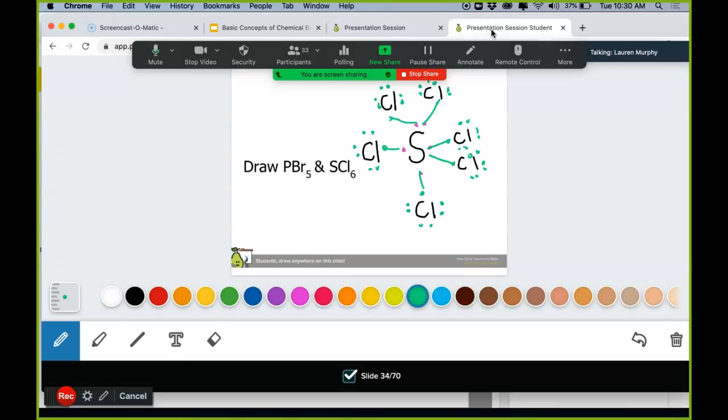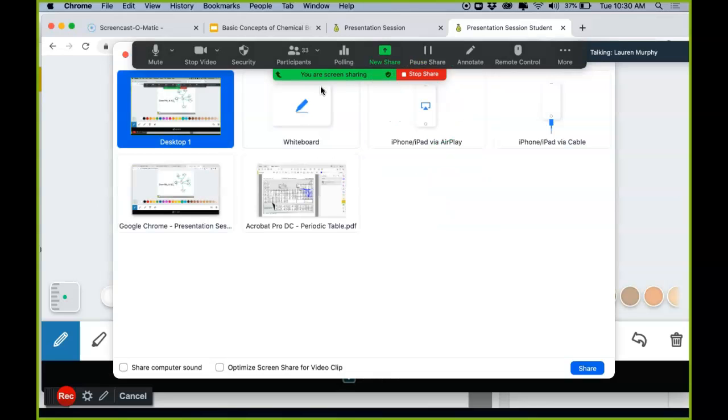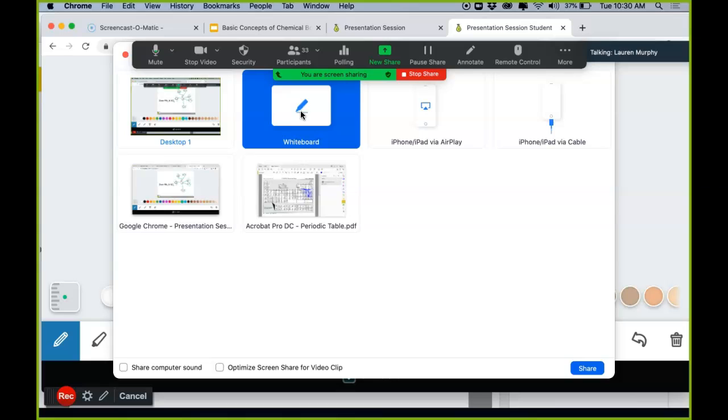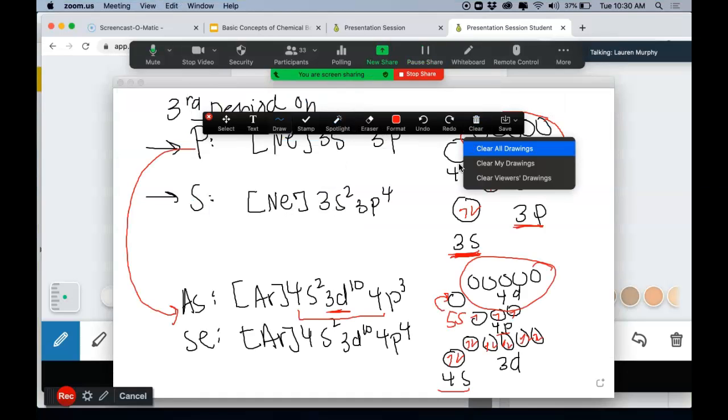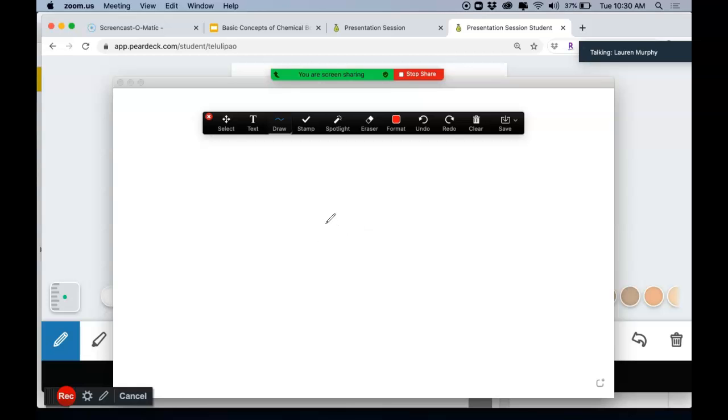Oh, yep, I can go back. PBr5. Someone asked again about the PBr5, so I'm going to do it right here. I am going to show you a shortcut for lone pairs in a minute, but I want to teach you the right way first. So PBr5 is bonded 5 times with its 5 valence electrons. Bromine, bromine, bromine.